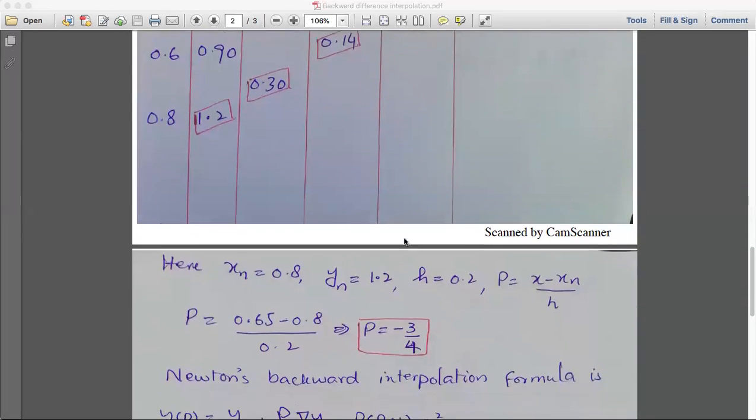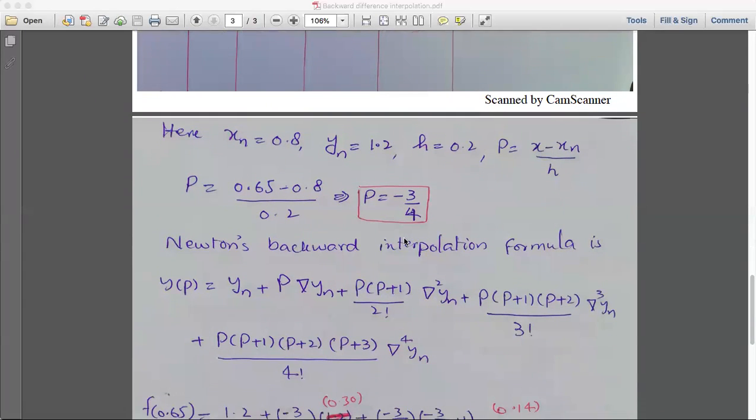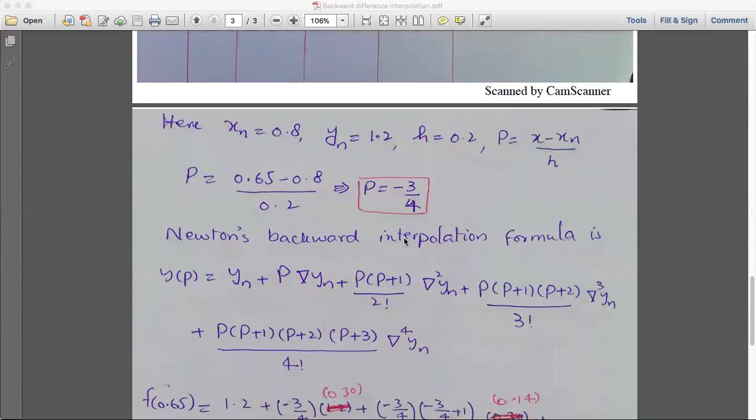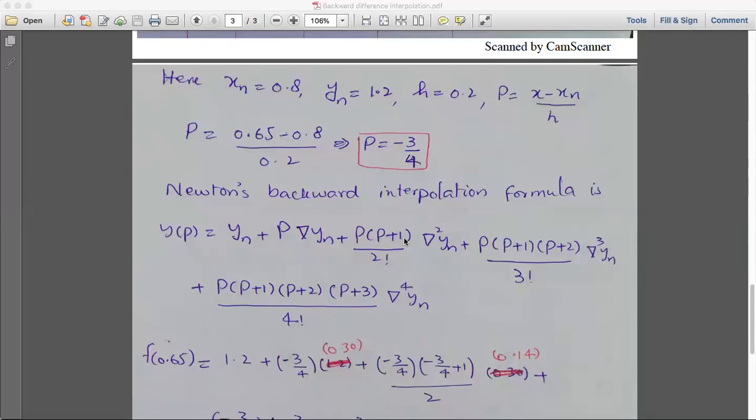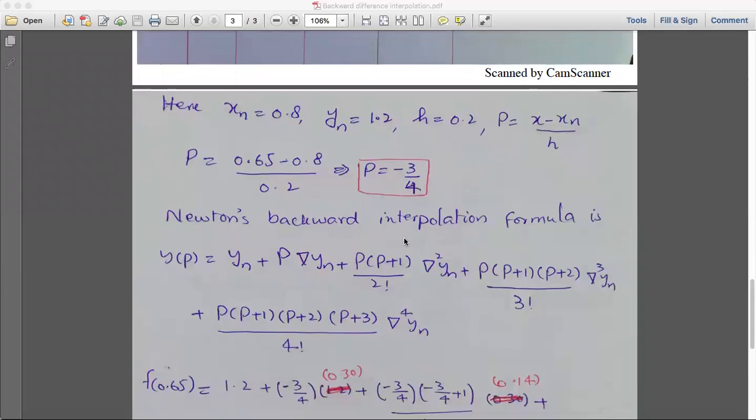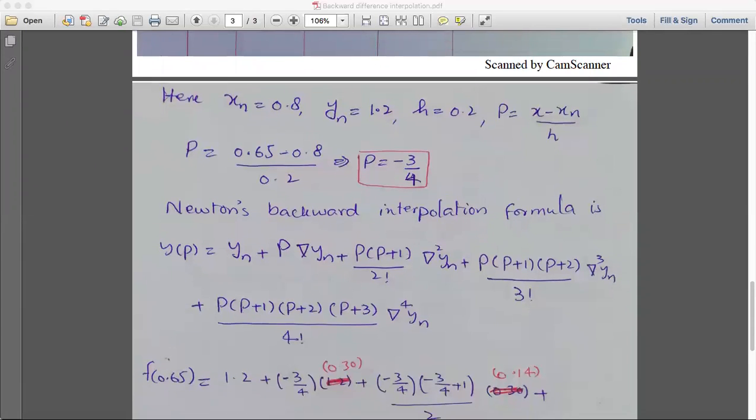What is next? Now we need to find the function and also the value of function at point 0.65. Here हम सबसे पहले देखते हैं कि हमारे पास what values we have. xn, what is xn? Because we know p is equal to, अब p की वैल्यू क्या होती है? p is equal to x minus xn divided by h.